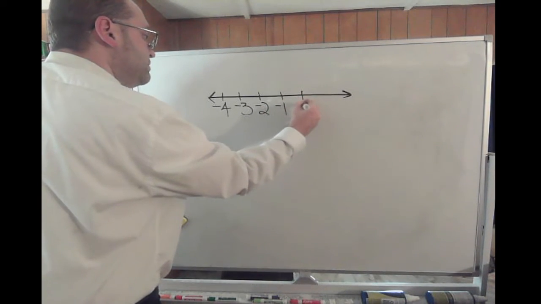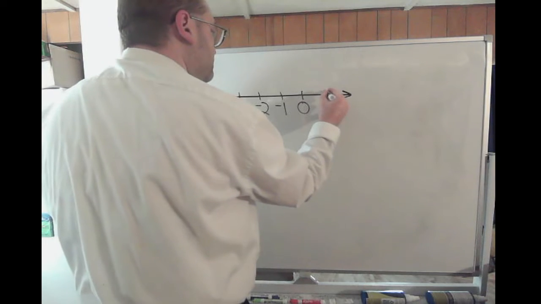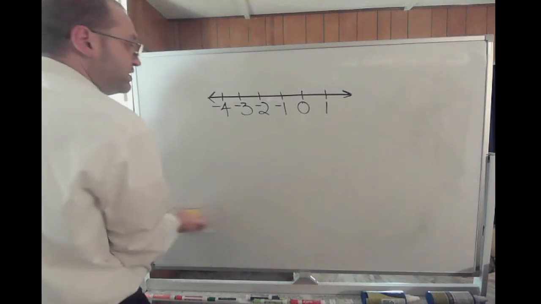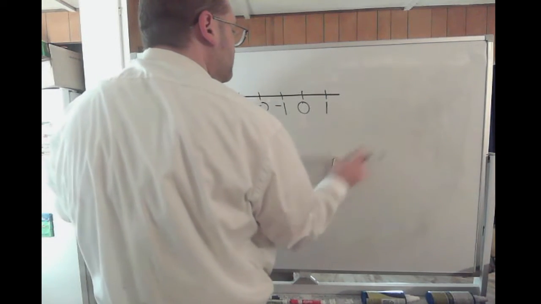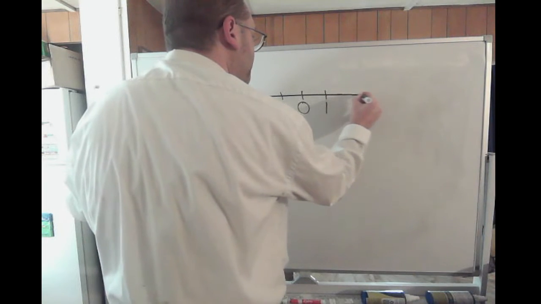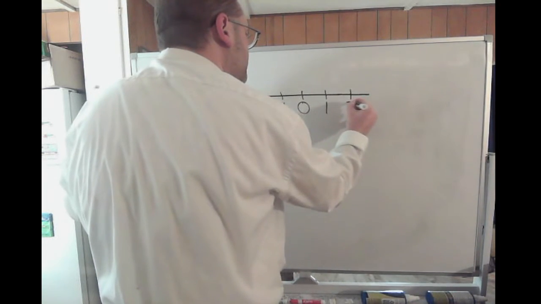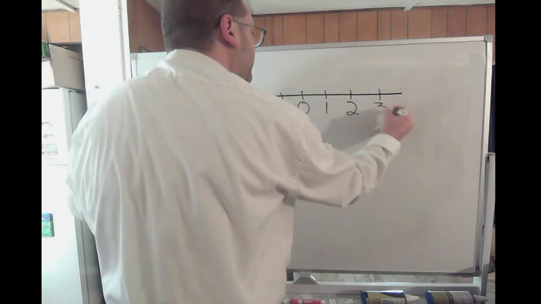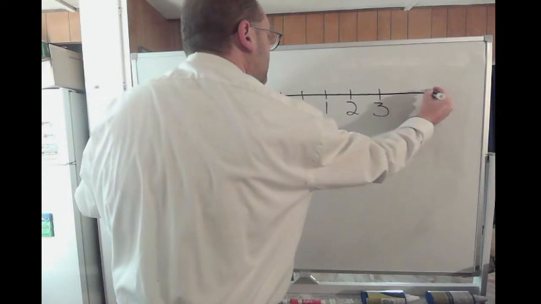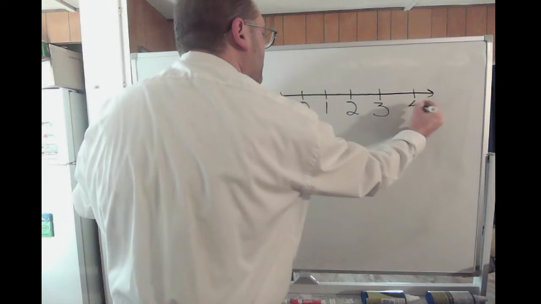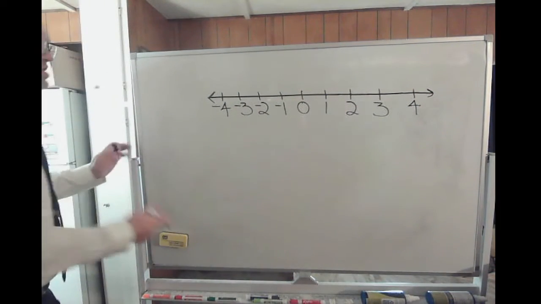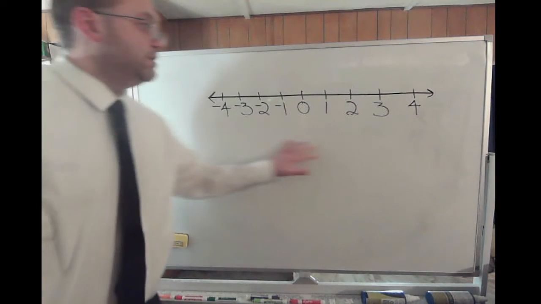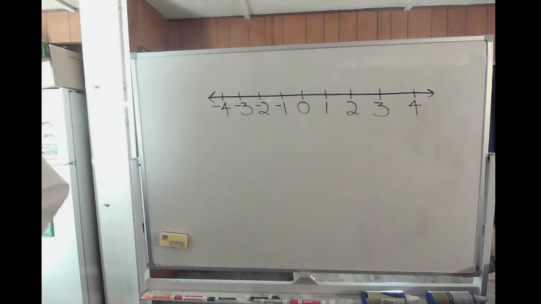We got 0. We got 1. This is definitely going to have to be extended a little bit here. We have 2. We have 3. Then we have 4. Okay. So, we have a number line here from -4 to 4.